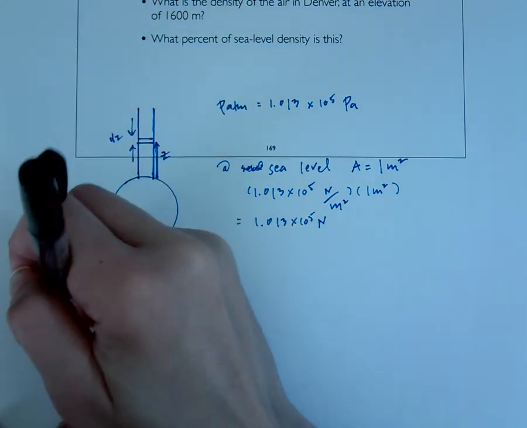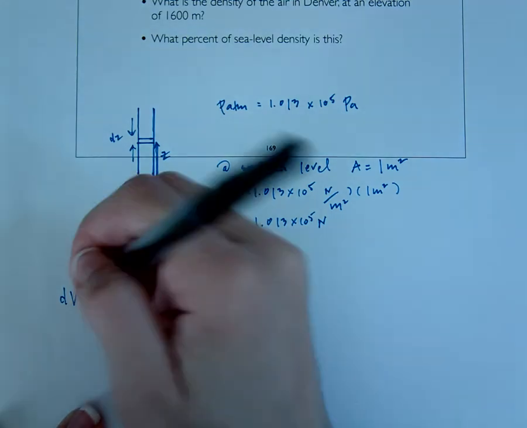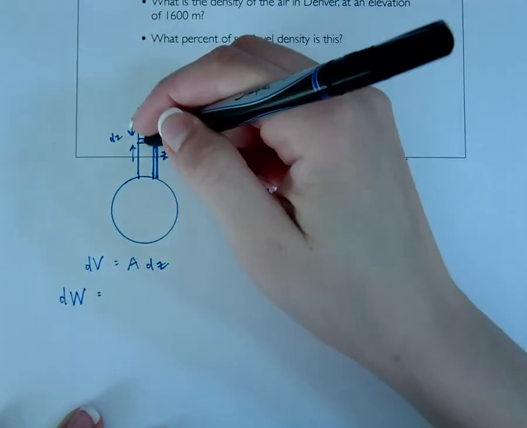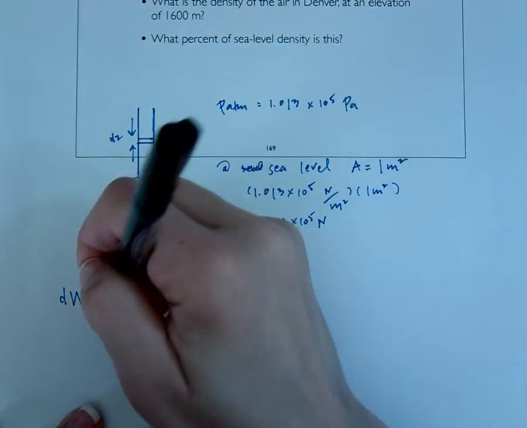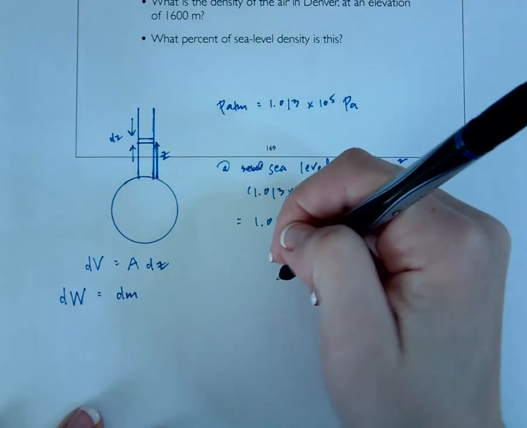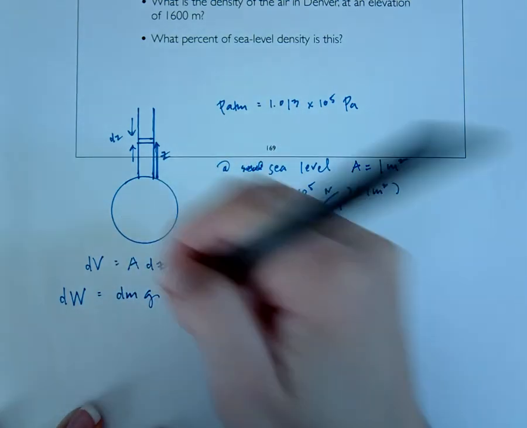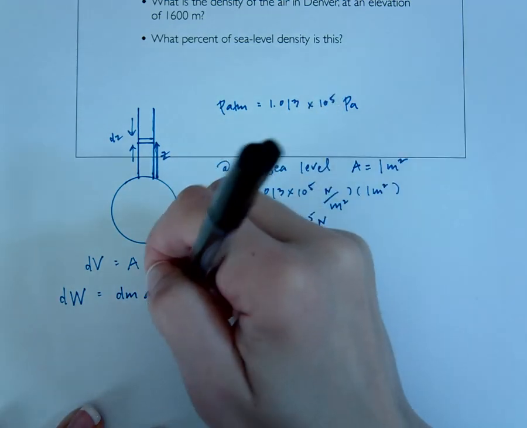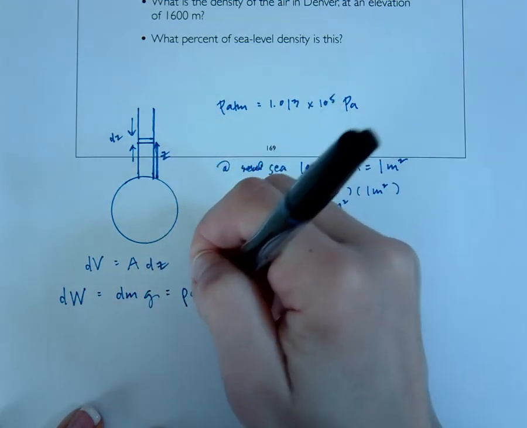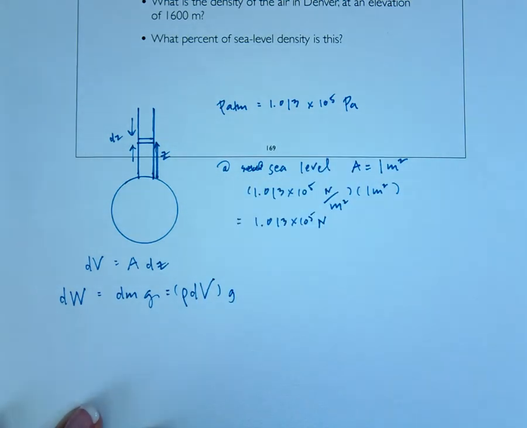Then dW, the weight of that little element dz, is dm, the mass, times g. But we can fill in something more specific for dm. We can say rho times dV is dm, times g. So that's the weight.